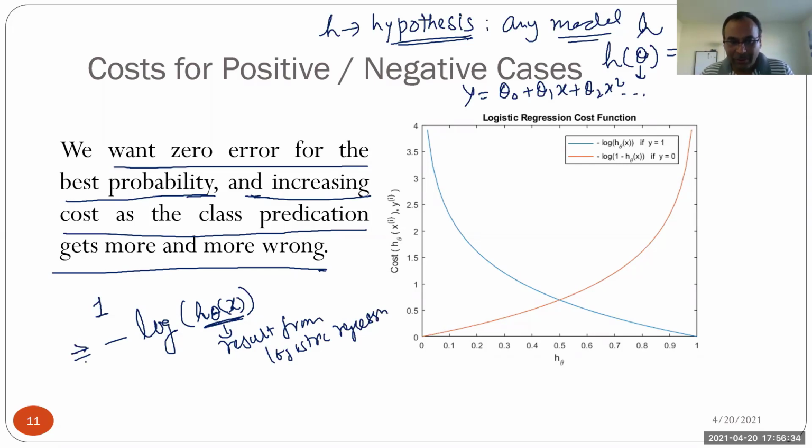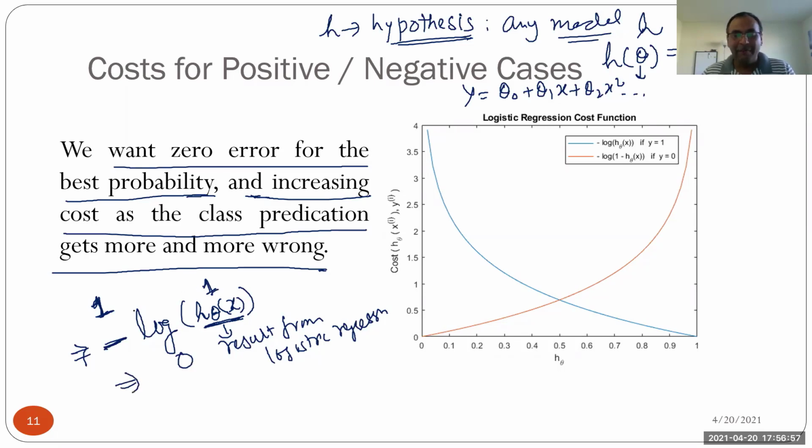Now the cost associated with the positive class means when actually your label was 1 and you got something. What did you get? We will find out. So if the class label was positive and you predicted it as positive, then what is the cost? You know that log of 1 is 0.